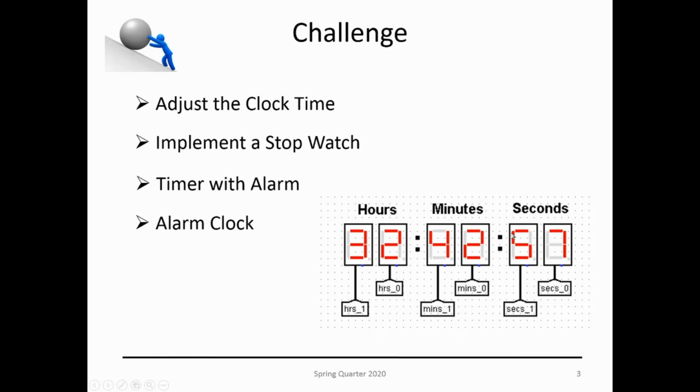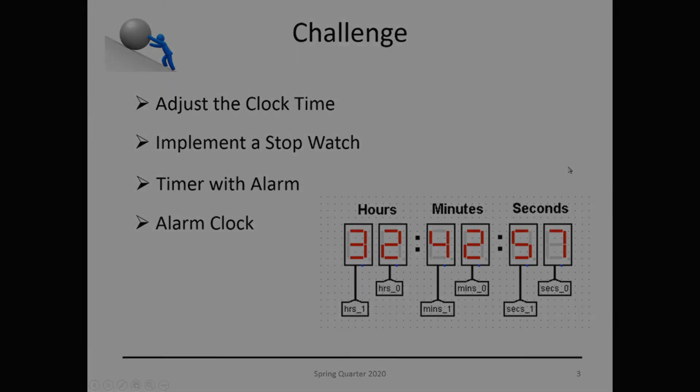You start with the clock, and then the challenge: you can augment that clock and adjust the clock time, or implement a stopwatch, or a timer with an alarm, or an alarm clock. These are good improvements once you have your clock up and running. It's not mandatory, this is just for you to practice, and I'll post the solutions on Thursday.